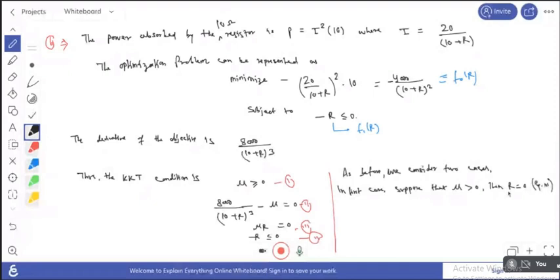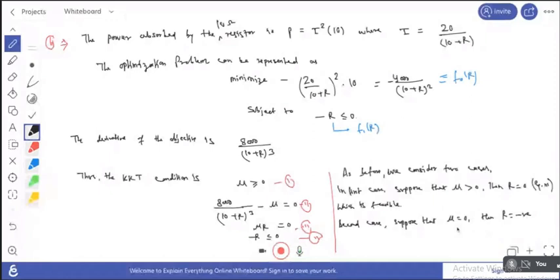And the second case, mu equals 0. Then what is the value of r? So r is negative. Here r is negative, so this contradicts your condition 2.